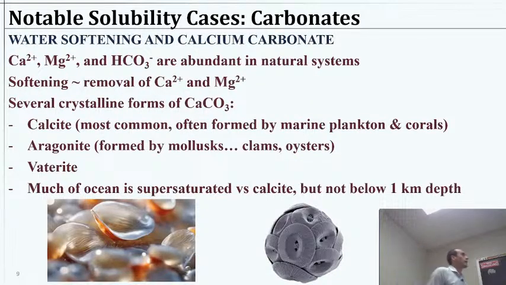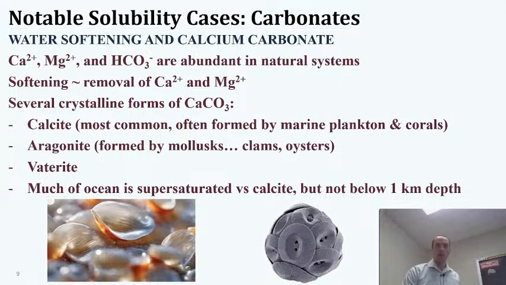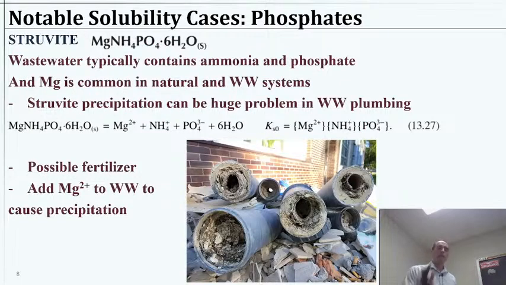Okay, next up would be the carbonates, and one more note about the phosphates I mentioned. In drinking water distribution systems, we don't typically have a lot of ammonia, right? So we're not really going to be producing struvite in our water distribution systems, but we do actually want a slight precipitation of any mineral rather than a dissolution of minerals.